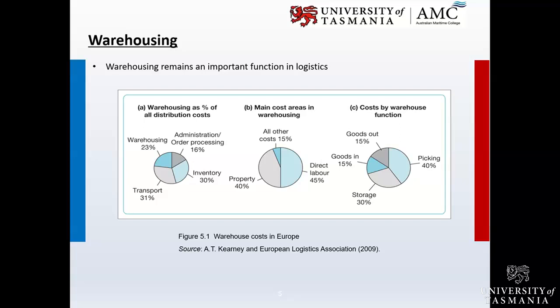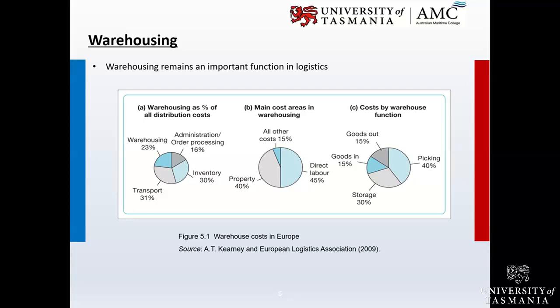Okay, for figure B, we find the main cost areas in warehousing. Two components include property cost and direct labor cost. Property cost, for example, the company needs to rent a warehouse or to build a warehouse.